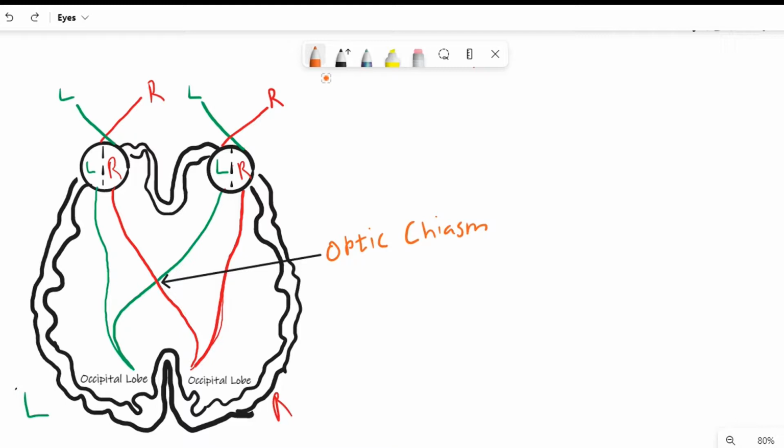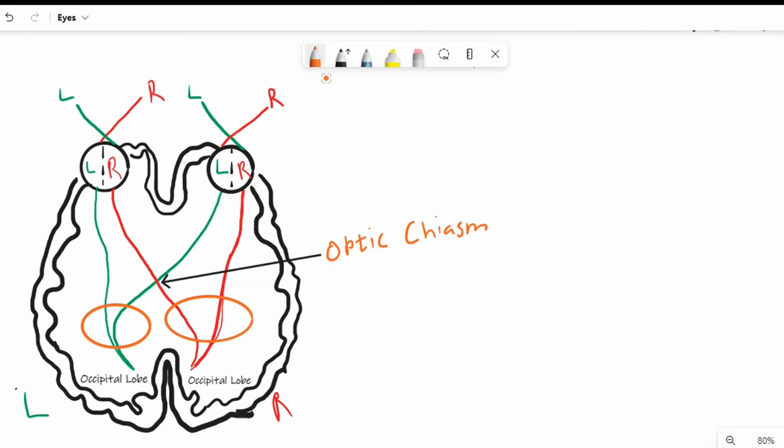But now, before they reach the occipital lobe, they have a stop at the thalamus, or more specifically, the lateral geniculate nucleus, which is also called the LGN. And I forgot to draw that out in this picture, but it's somewhere over here in the middle of the brain on both sides.